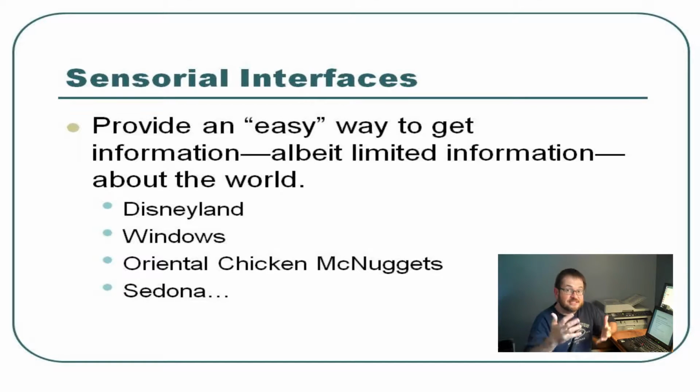And it all provides a nice sensorial interface. When you go to such a thing, you feel like you're learning something about India, and it's kind of nice, and they maybe even have a nice chicken curry for you to eat. I don't have any idea if they really eat chicken curry in India.